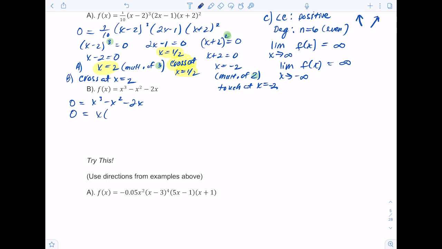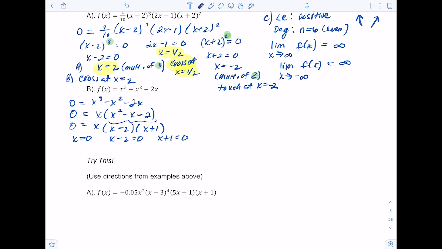And here we can factor out an x, and you're left with x squared minus x minus 2. And then I can also factor the inside here. So two numbers that multiply to give you -2 that add to -1, and we get x minus 2 times x plus 1. Okay, and I'm going to set each of these factors equal to 0.